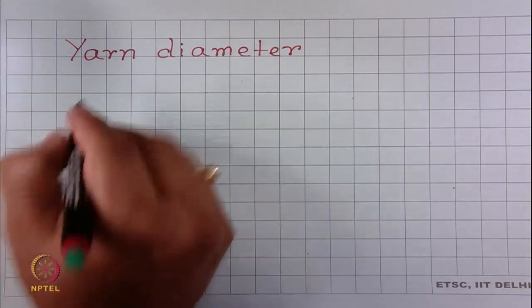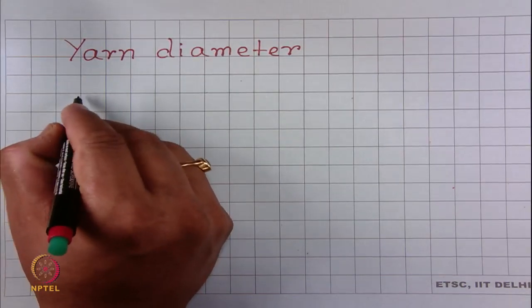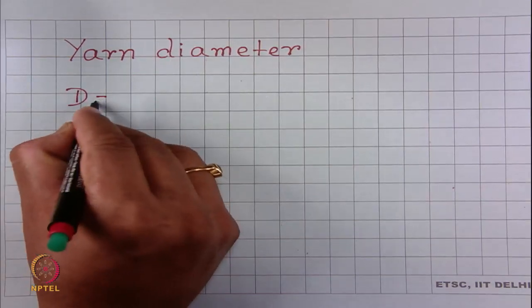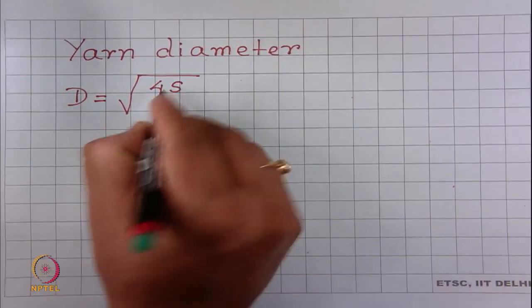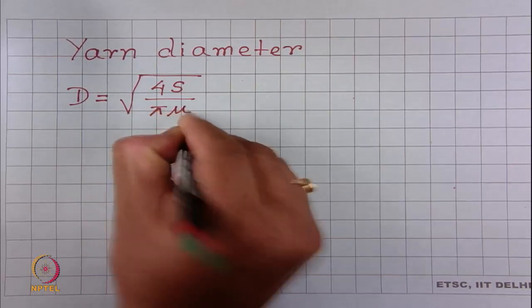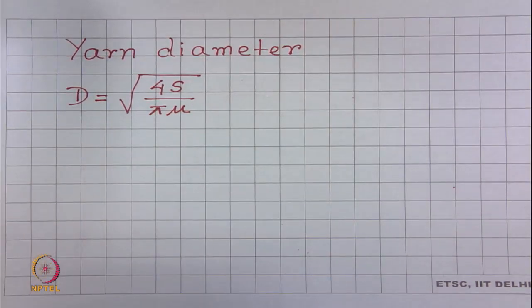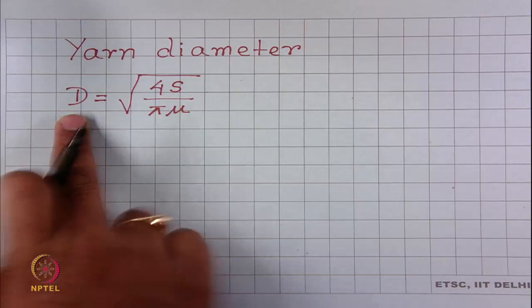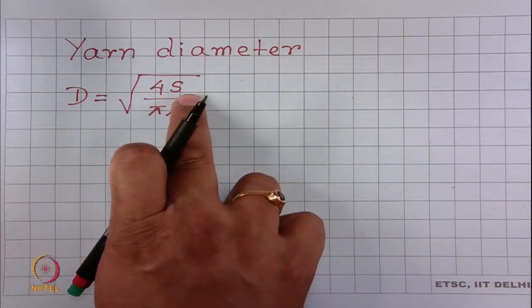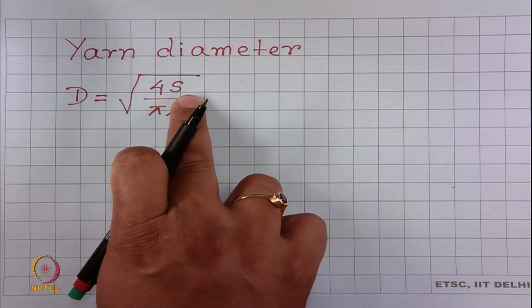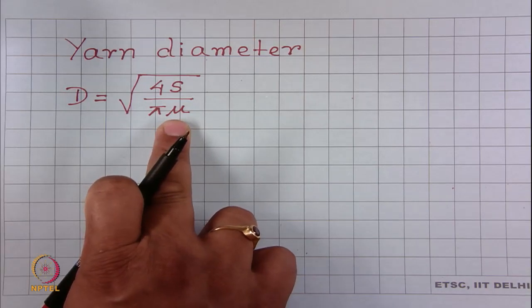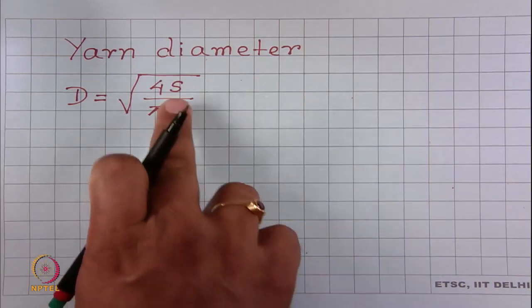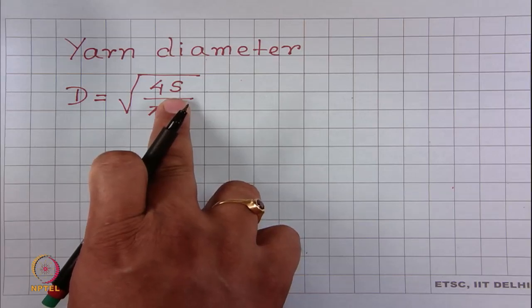In the last class, we have already derived yarn diameter D is equal to root over 4S by pi times mu. Now, D is yarn diameter, S is substance cross sectional area of yarn, mu is packing density of fibers in yarn. And also in the last class we derived this S is equal to capital T by rho.